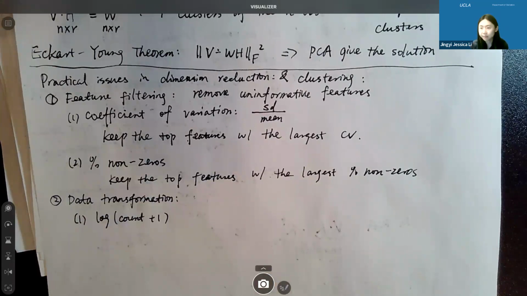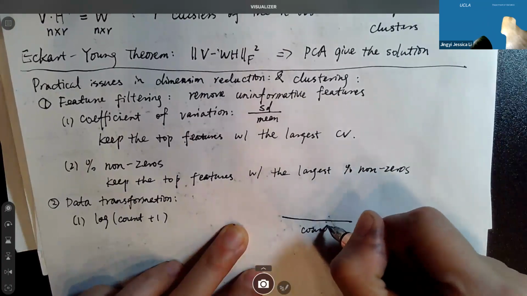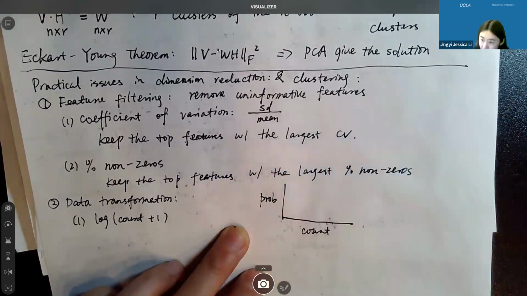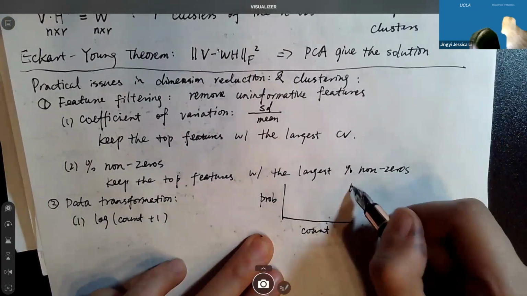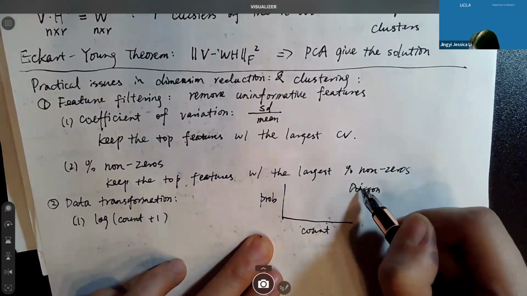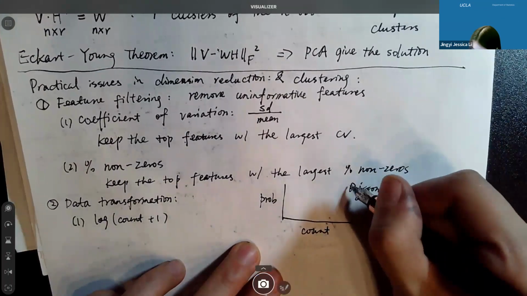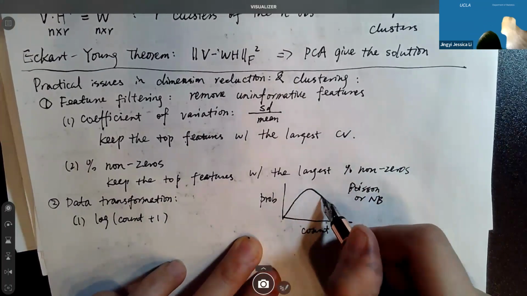The effect is that for count distributions like Poisson or negative binomial, you know that they are heavily right skewed, right? What I mean is that for Poisson, if you have the histogram with count on one axis and probability on the other, for many common parameters of Poisson or NB, negative binomial, the distribution looks something like this.